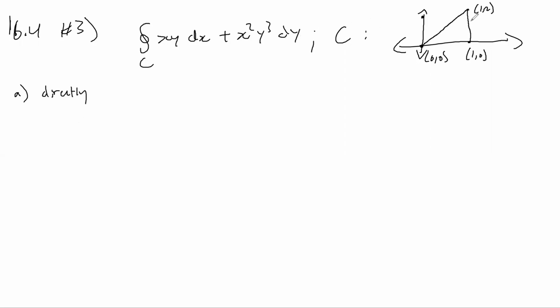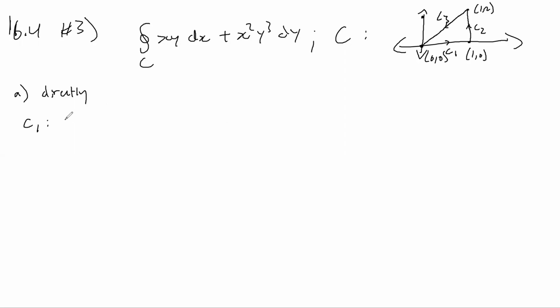By solving this directly, I'm going to label these sections as three different parts: this as C1, this as C2, and finally this as C3, in the counterclockwise direction. For C1, I'll write its parametric equations.